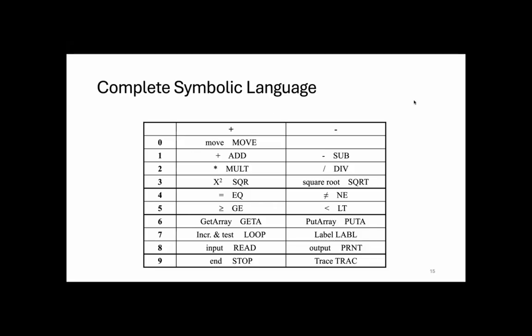So for example, we have +1 representing the add operation. So we can use a label add, and instead of -1 representing the subtraction operation, we're going to use the word sub, and so on for all the other operations.